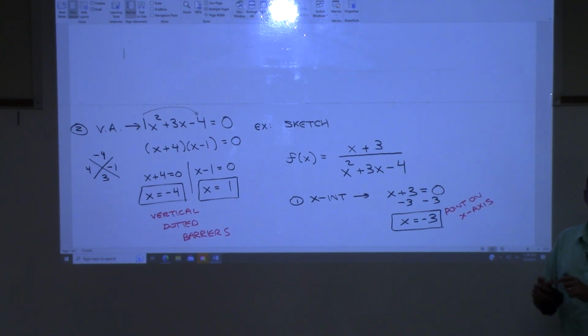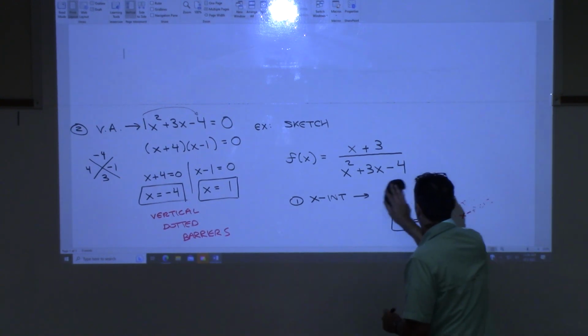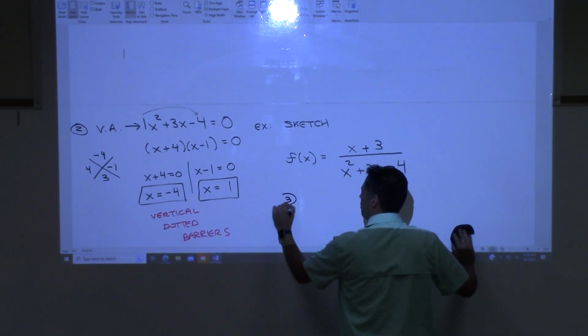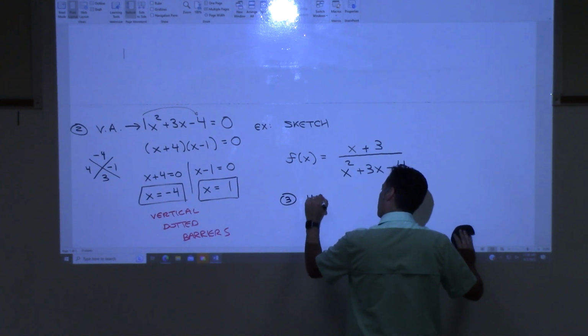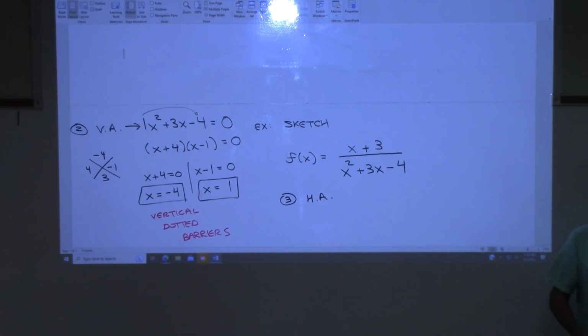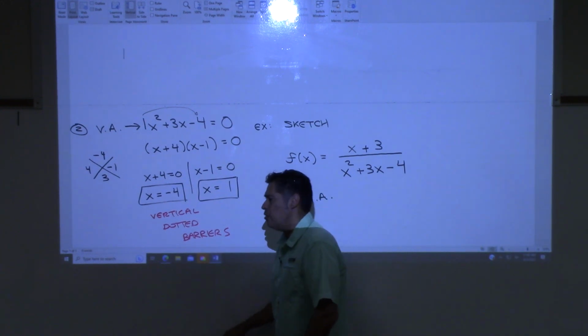All right, step 3. What's step 3? Horizontal asymptotes. For horizontal asymptotes, this is the weird one. This is the one that's strange. And I told you in class last time, there are 3 different cases you could have when you get to horizontals. So what we do for horizontals is you look at the degree of the numerator.